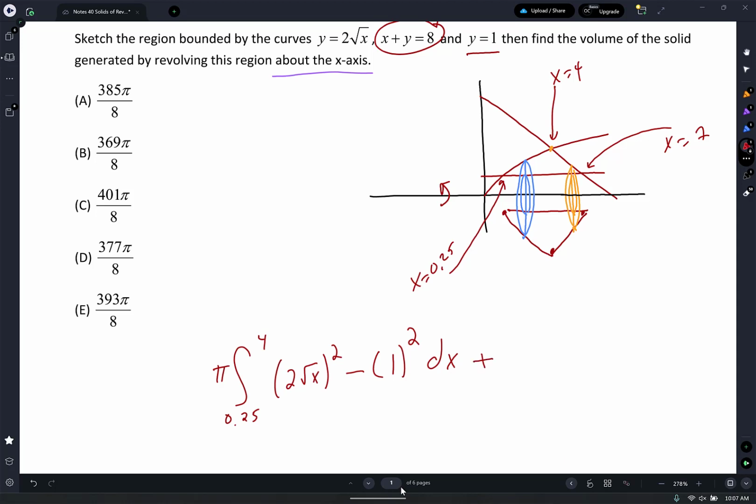Plus, look at the burnt orange, and I should have color coded it, I'm sorry, guys. Integral, pi on the outside, from what to what? 4 to 7. What's my big R now? Negative x plus 8, close it, squared, minus, what's the little r? It's the distance from the x-axis to this curve.